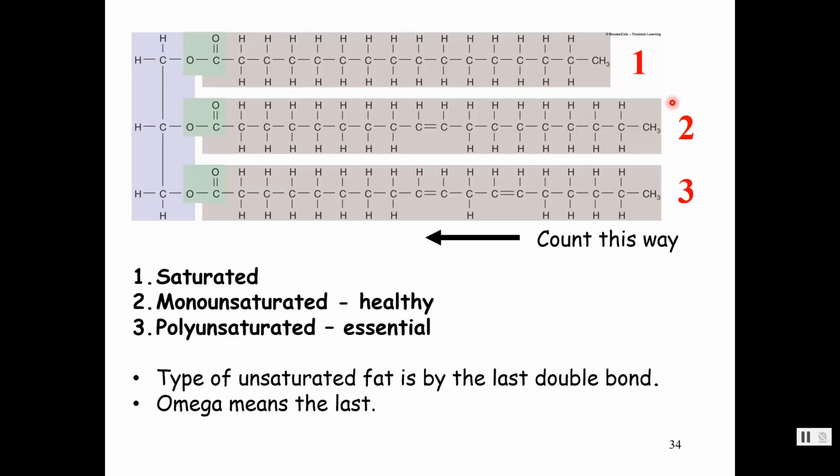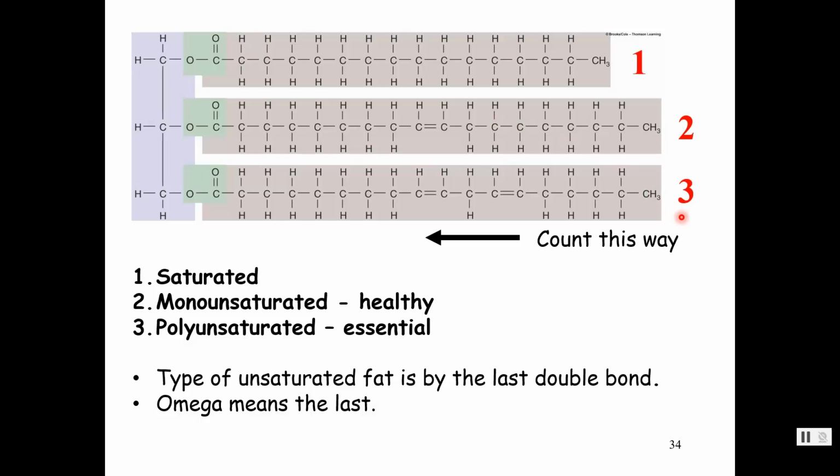This second fat in this triglyceride, notice if we count from this end, 1, 2, 3, 4, 5, 6, 7, 8, 9. So this is the 9th carbon, and that's where we have a double bond. So this is an omega-9 unsaturated fat. This is a monounsaturated fat. It's actually very healthy, high in olive oil.